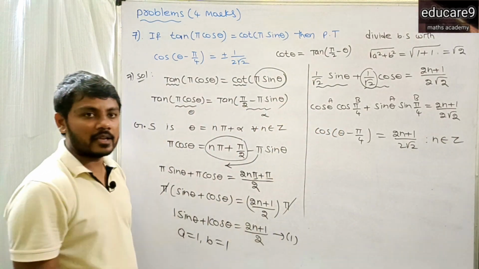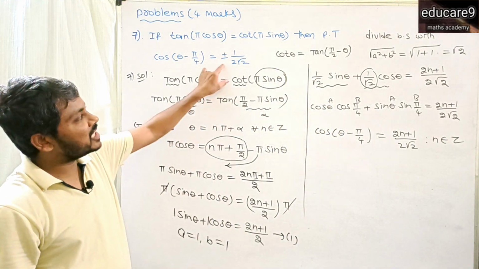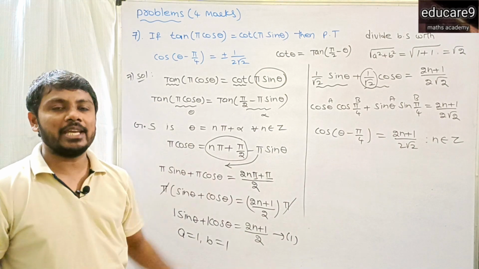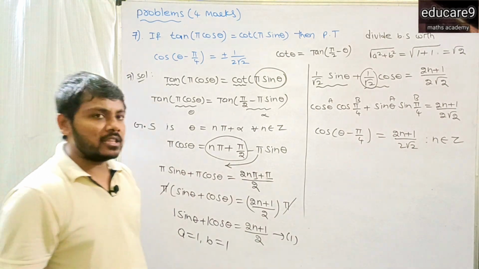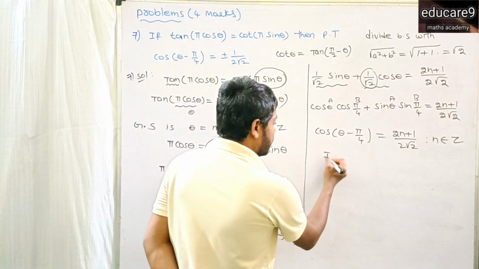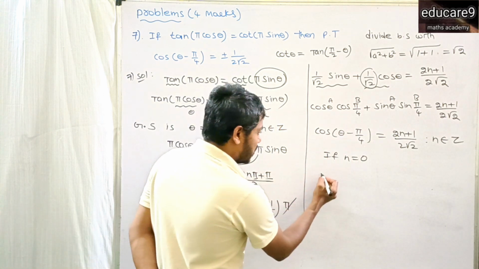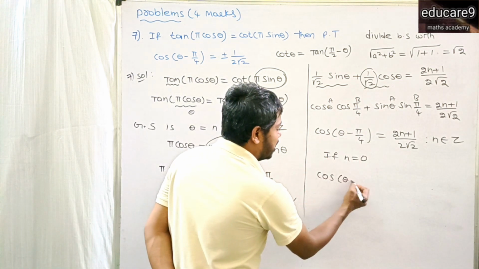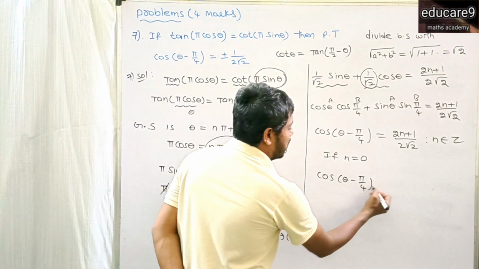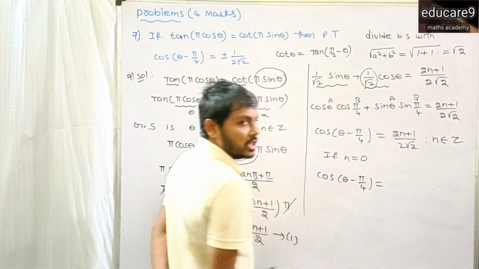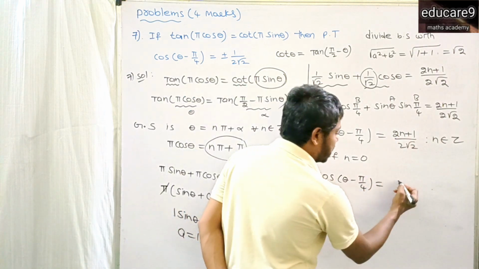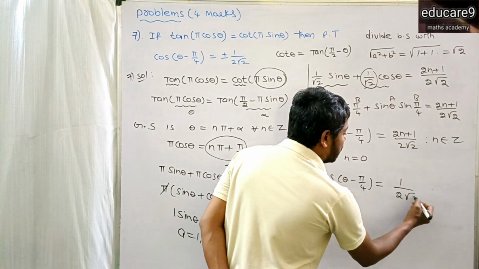(2n plus 1) by 2 root 2, where n is what? Integer. But here, what is the right hand side value? Plus or minus 1 by 2 root 2. For finding the value of that, you can consider n is 0. Now what will you get? Cos of (theta minus pi by 4) equals 2 into 0, 0, plus 1, 1. That is 1 by 2 root 2.